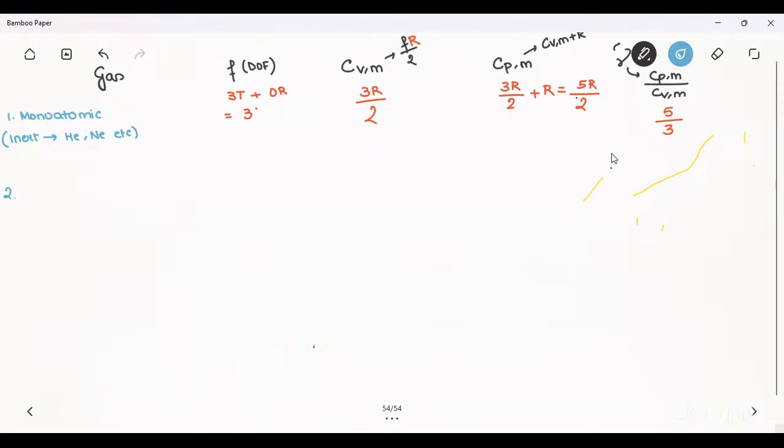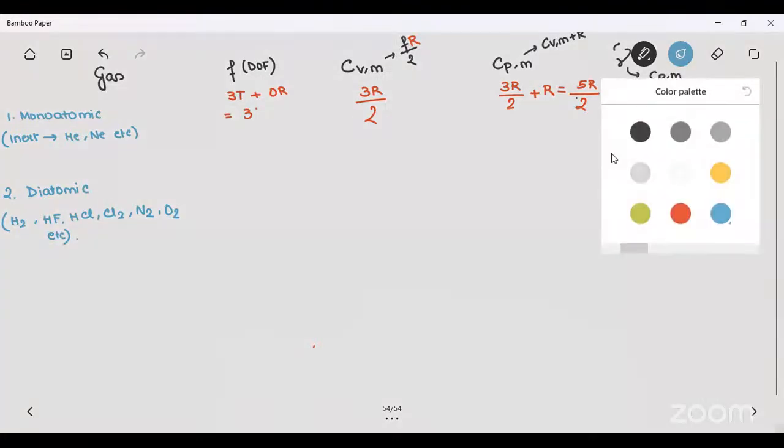Next comes our diatomic gas. For diatomic gas, it is hydrogen, HF, HCl, chlorine, nitrogen, oxygen, etc. What happens here?